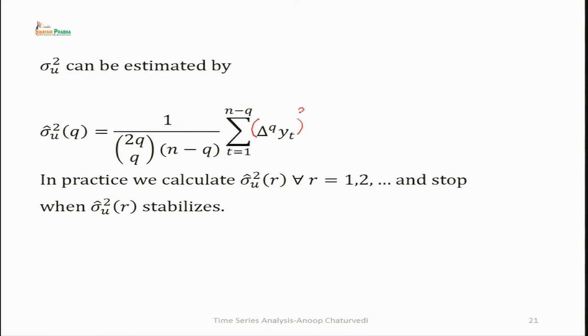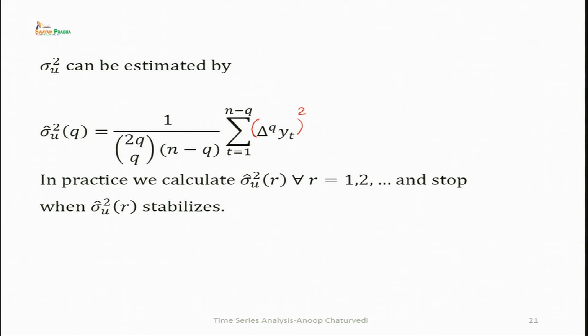There will be a correction, here a square will come. Sigma hat square u q is equal to 1 over 2 q c q times n minus q, summation t equal to 1 to n minus q, delta q y t whole square. Why are you dividing by n minus q? Because in this summation you have n minus q terms.